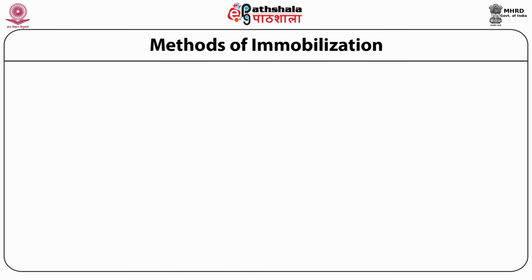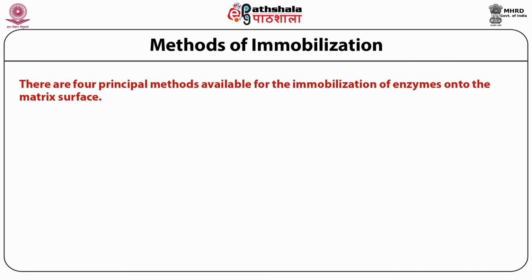Methods of immobilization. There are four principal methods available for the immobilization of enzymes onto the matrix surface. The first method is physical adsorption. The second is covalent bonding. The third is entrapment. And the fourth is encapsulation.